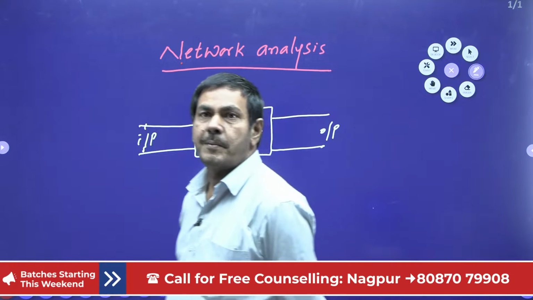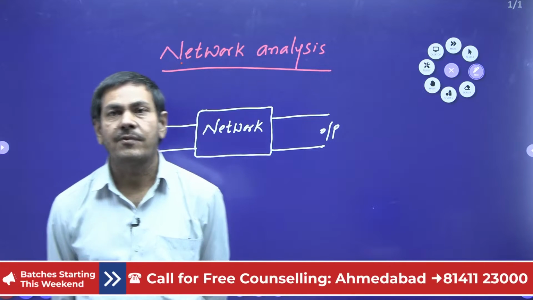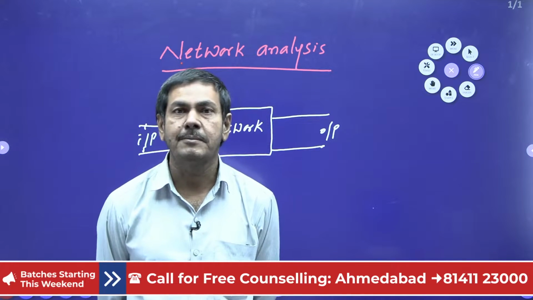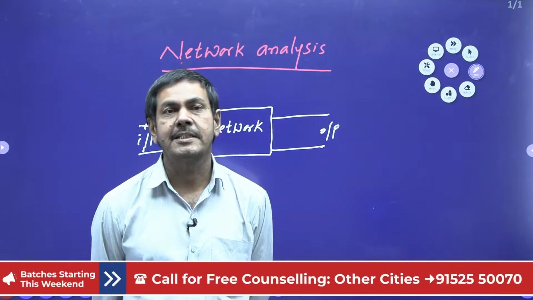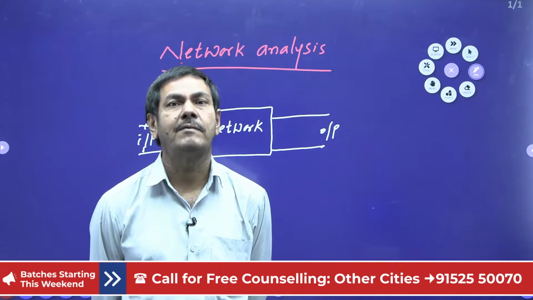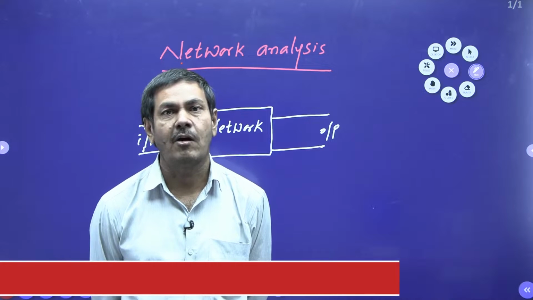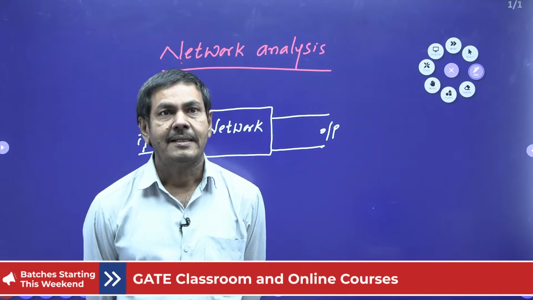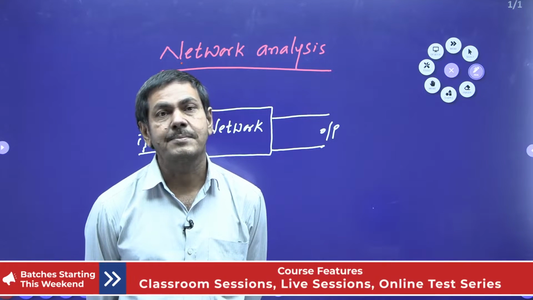What output parameters may be required? You may be asked to find the current through any element or the voltage across any element. Otherwise, you may be asked to find the power. Any one of the parameters at the output level you may be asked. In that case, we need to do the analysis part only.